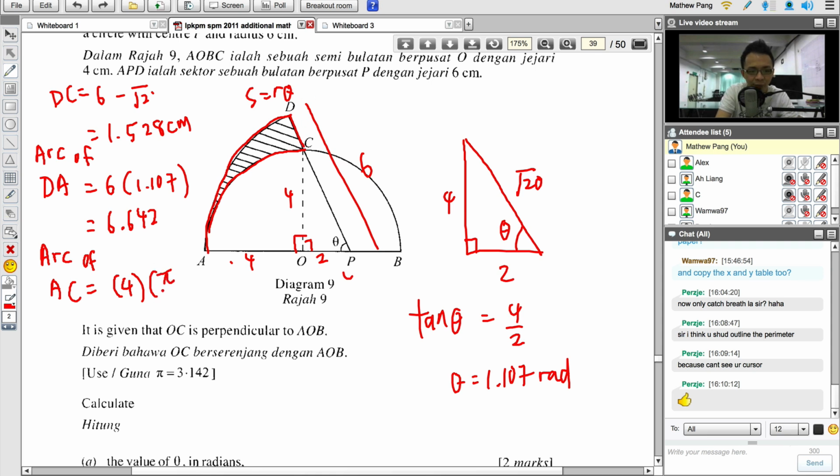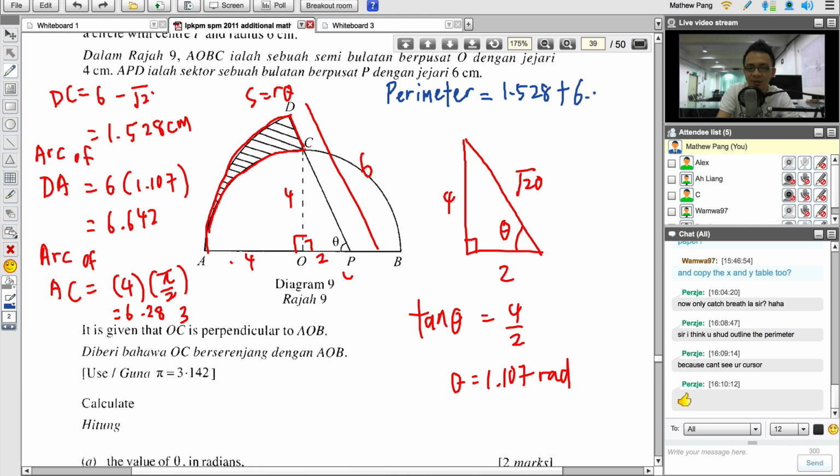Alright, so simplify is just 2 pi. 2 pi is 6.283. So what you need to find the perimeter, you just add all together. You add the DC, which is 1.528. You add the next one, 6.642.